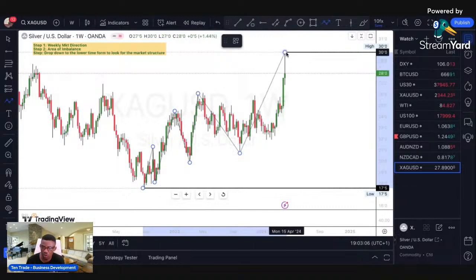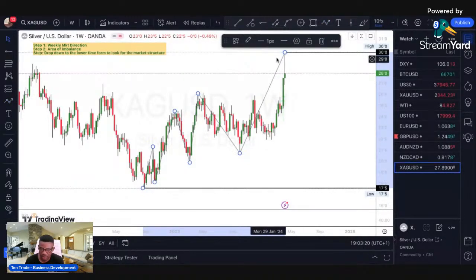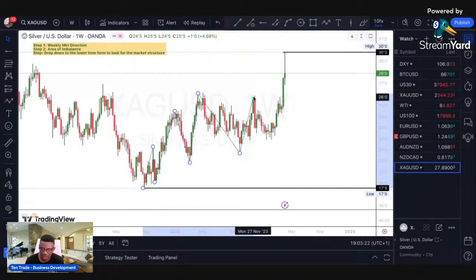Then we got this one. So this is an uptrend until the price breaks this. Okay, there's a zone here. We want to bring this zone here.